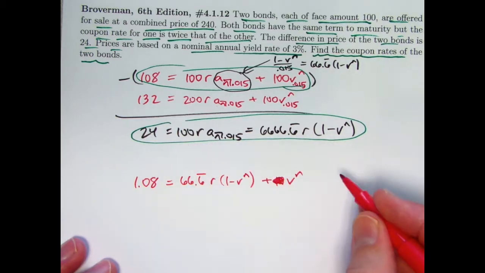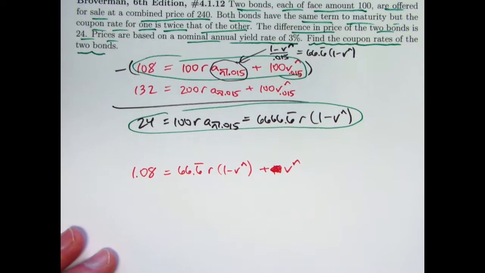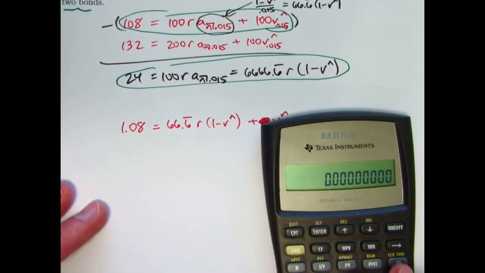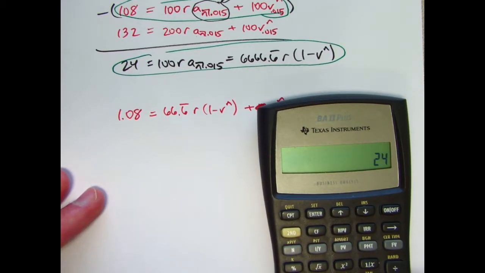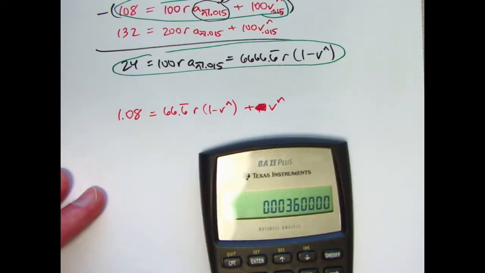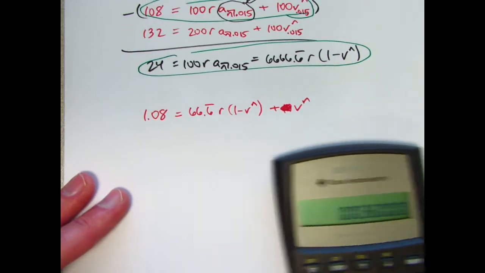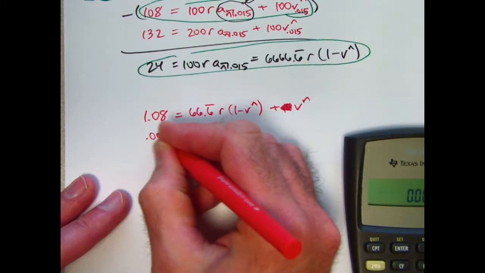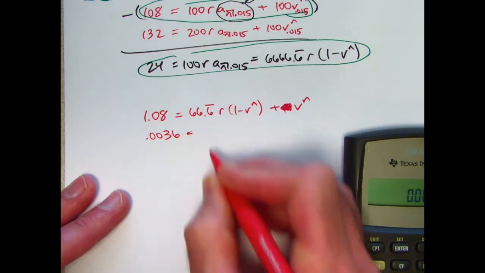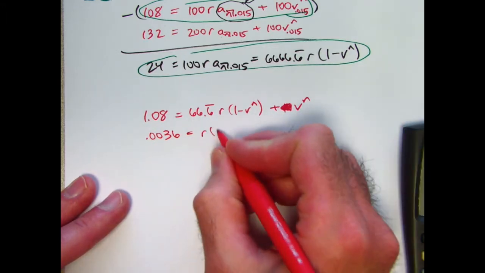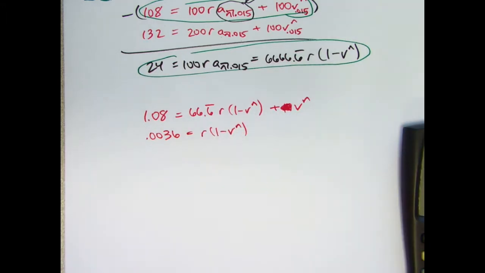And on this equation, I will divide both sides by 6,666.6 repeating. 24 divided by 6666.6666 looks to be 0.0036, which must equal r times 1 minus v to the n. So that's starting to look simpler.